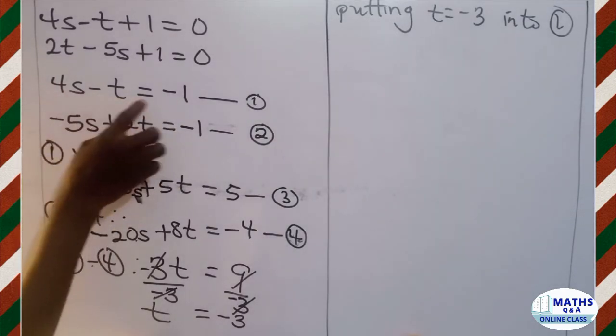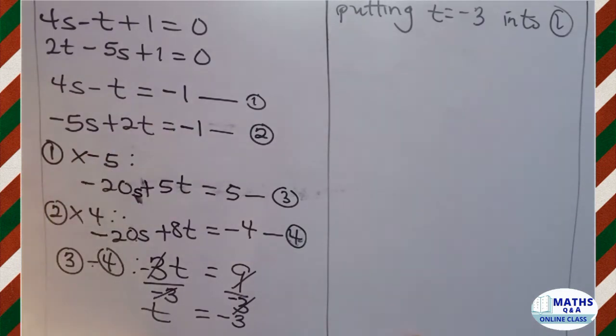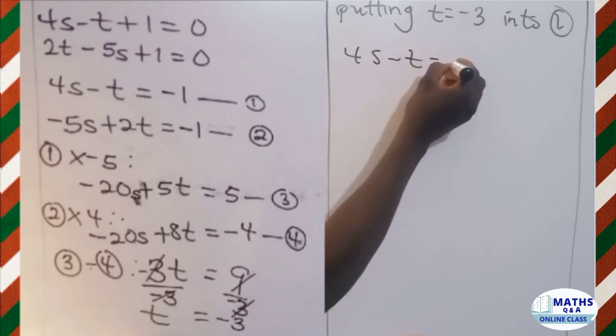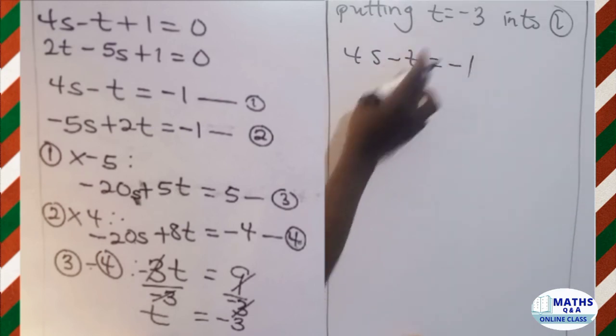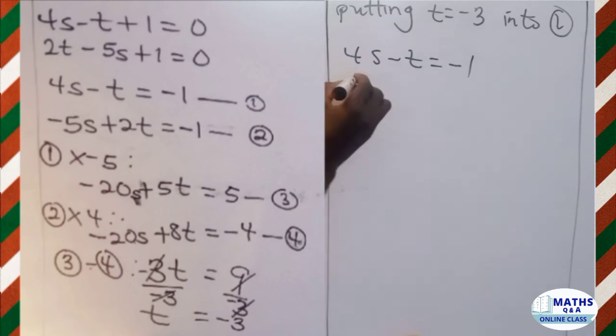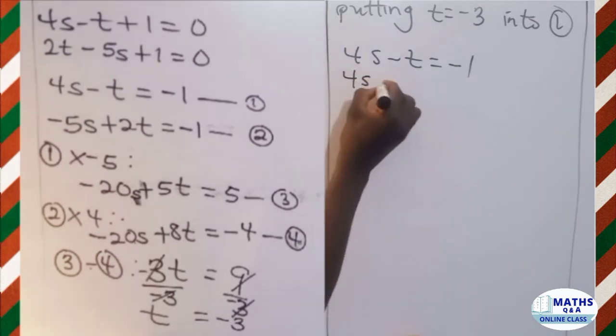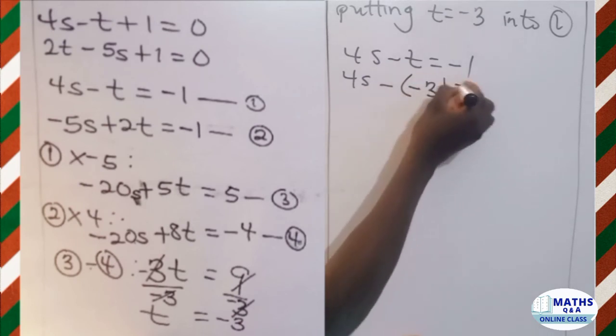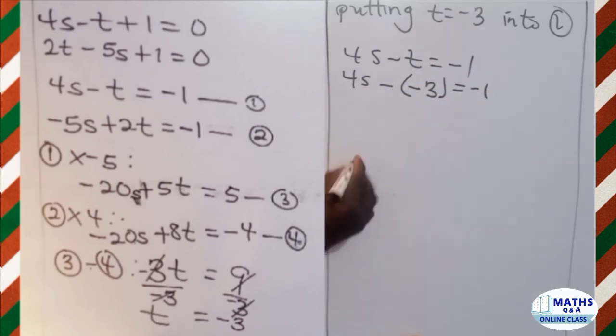And this is equation 1. 4s minus t equal to -1, right? So we write 4s minus t, which is equal to -1. So wherever you see t, you write -3. So we have 4s minus -3 equal to -1, right?